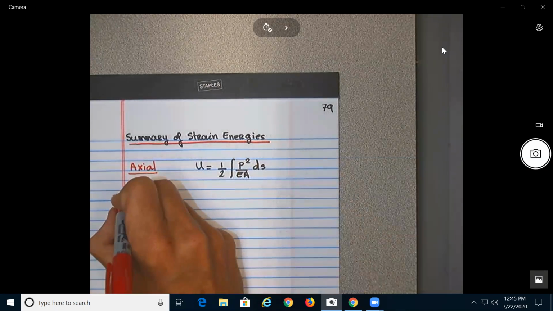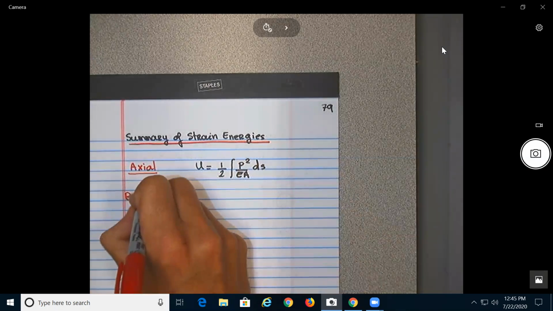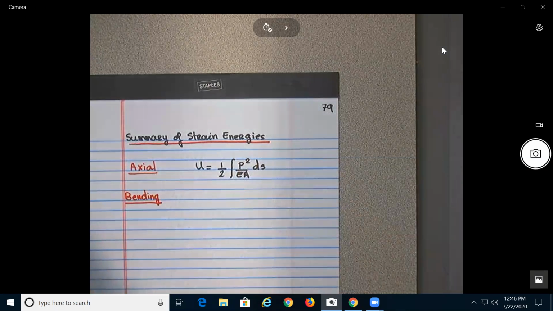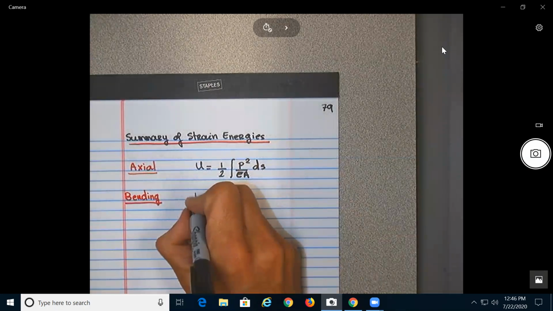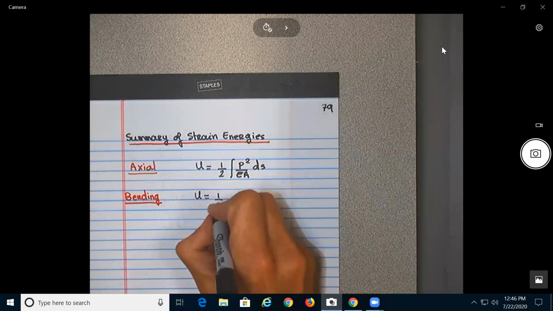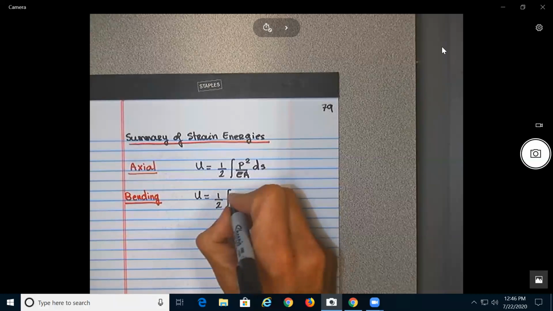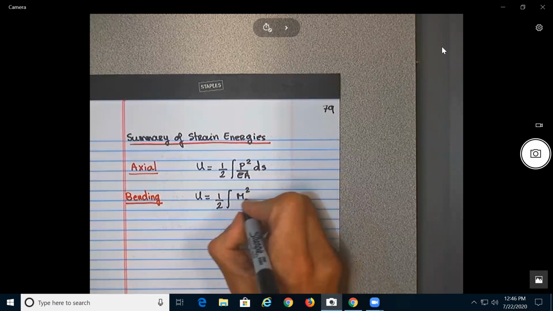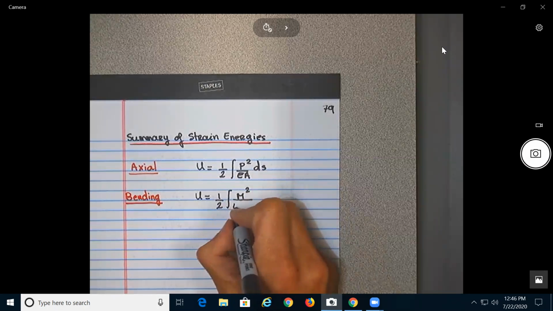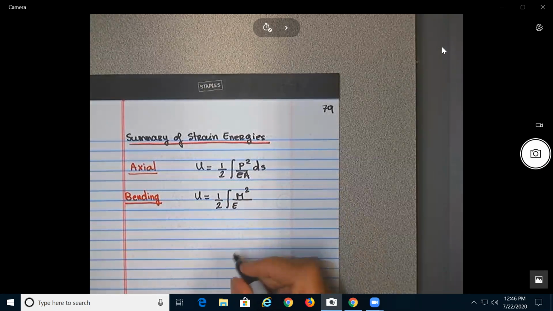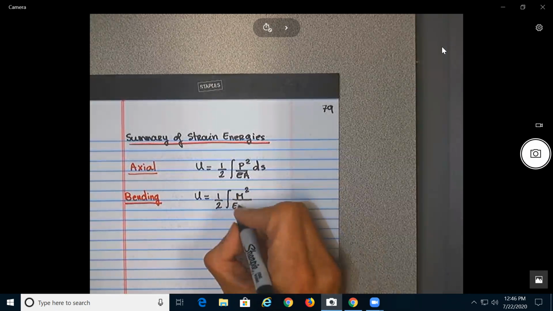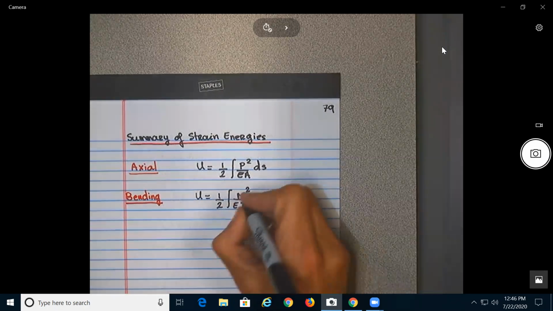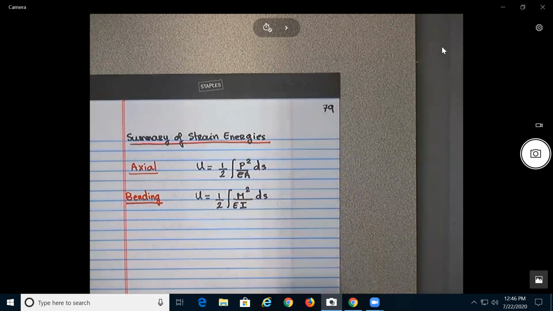Second case. Bending. This time, what is the loading? Is the bending moment, so M squared, before was P, now it's M squared. E is because you need to define the material. Now, what is resisting the bending? Is not the area anymore, but the moment of inertia. And it will be again ds.